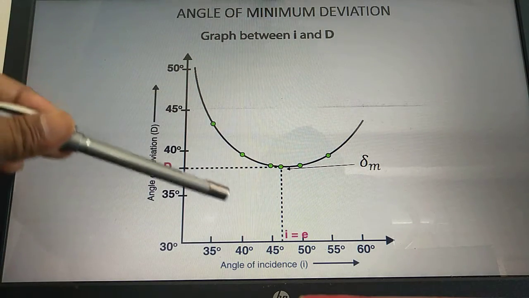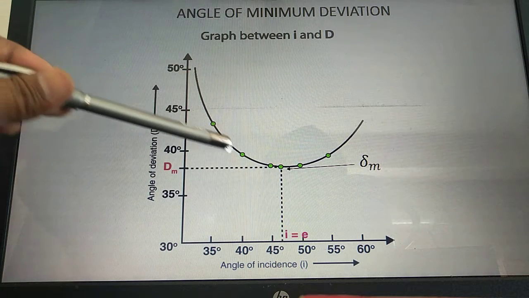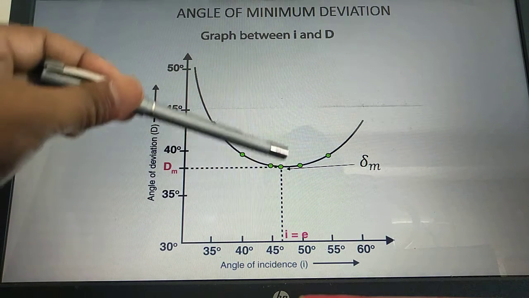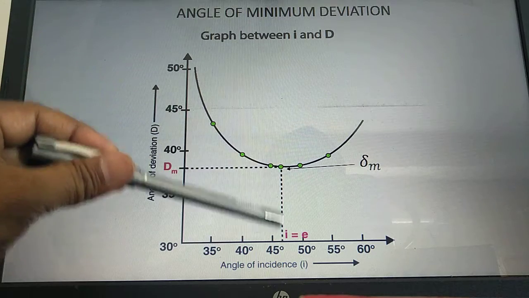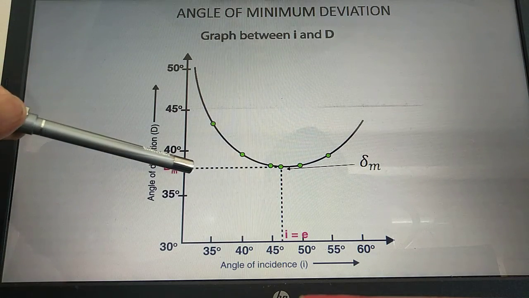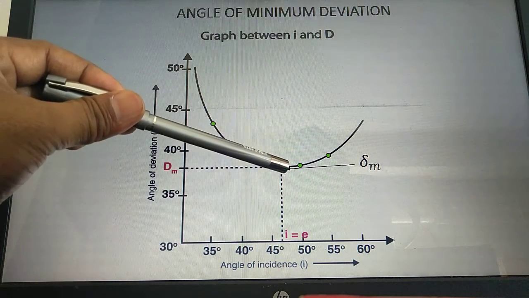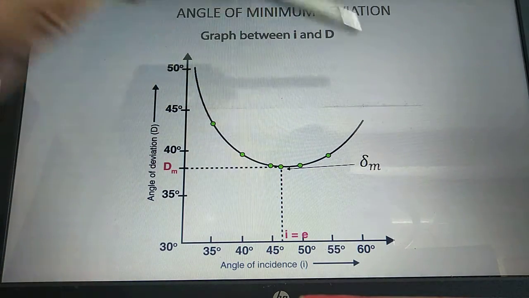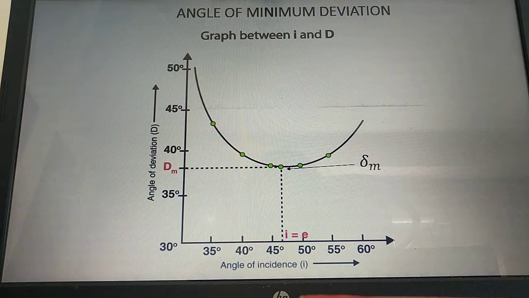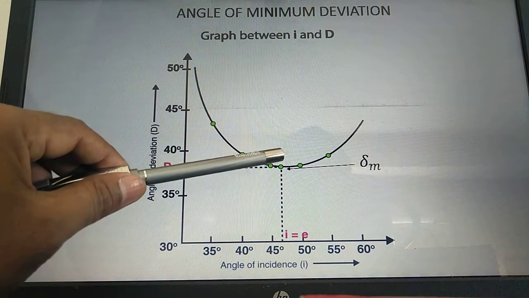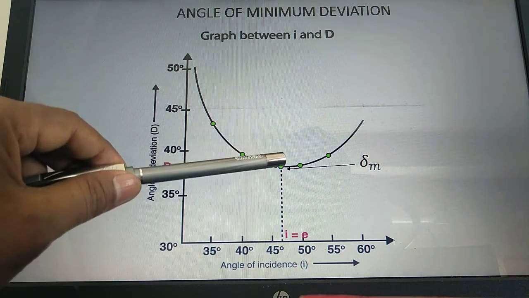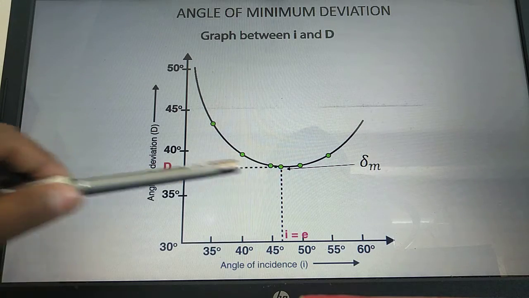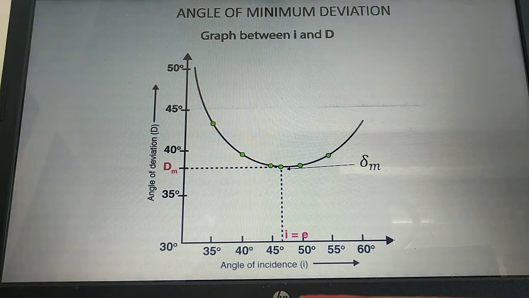With the increase of angle of incidence, the angle of deviation gradually decreases, but at a certain value the angle of deviation is minimum. From there, if we increase the angle of incidence, the angle of deviation also increases. So this is the minimum value of the angle of deviation, and this angle is known as the angle of minimum deviation.